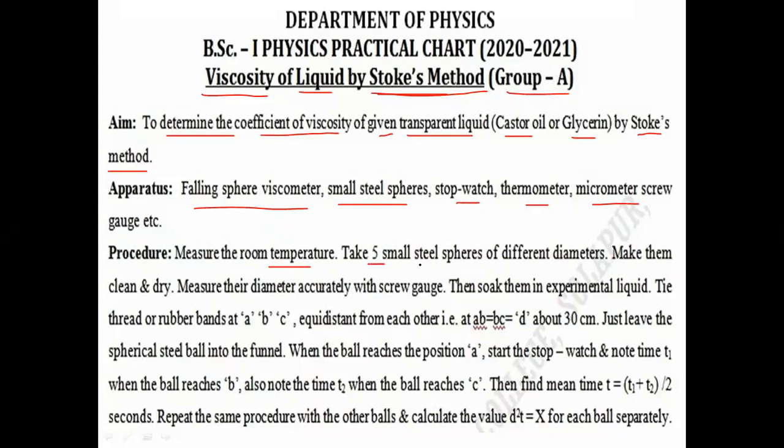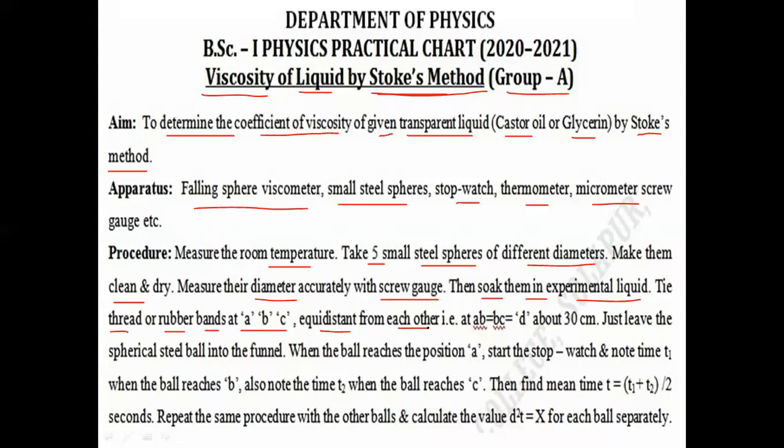Take 5 small steel spheres having different diameters. Make them clean and dry. Measure their diameter accurately with the micrometer screw gauge. Then soak them in the experimental liquid. Tie thread or rubber bands at A, B, C equidistant from each other.